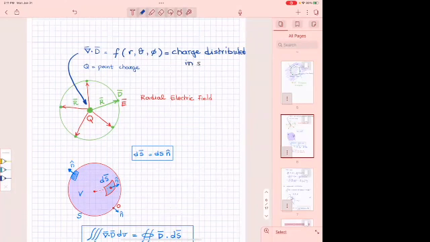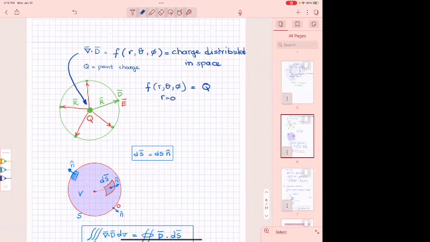When you have a point charge, how does this charge distribute? It is Q at one point, the center of the spherical coordinate system, and 0 everywhere else. If only a point charge produces the field, that means that this F function is practically Q when R equals 0, for whatever values theta and phi have.